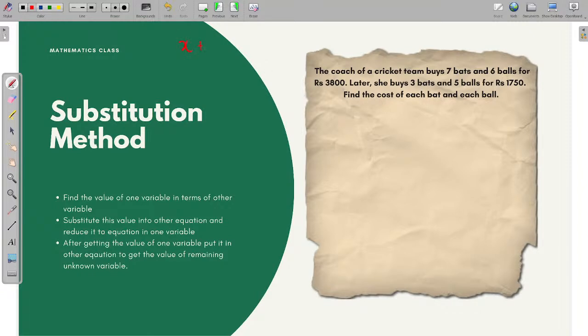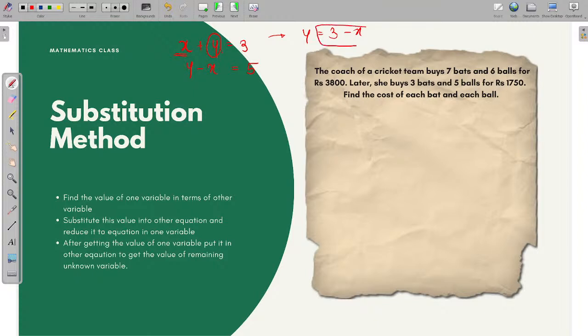If the two equations are x plus y equals 3 and y minus x equals 5, all you need to do is first write the value of y in terms of x, right? So for that, y equals 3 minus x. You can do that, right?